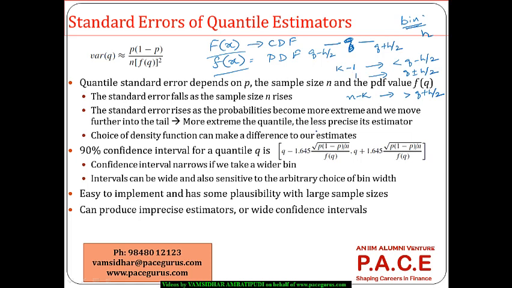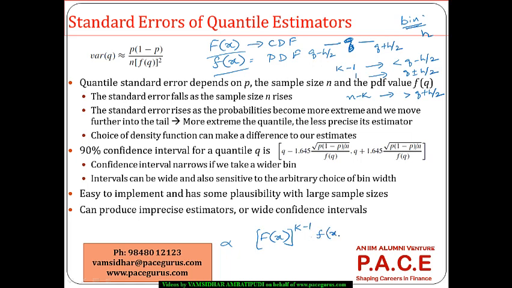Now I can very well see that this probability is proportional to what? What is the probability of finding k minus 1 observations below Q minus h by 2? It's basically the distribution function up to x lesser than this, put to the power k minus 1.